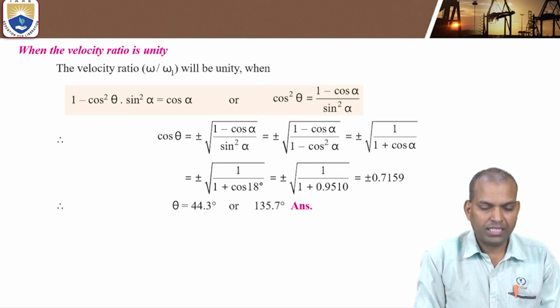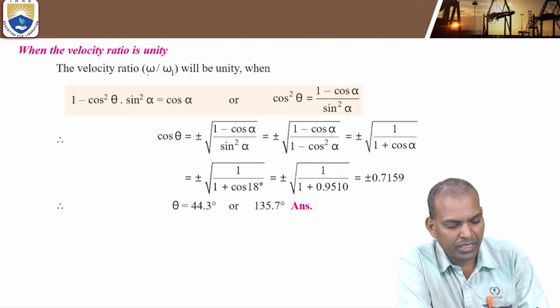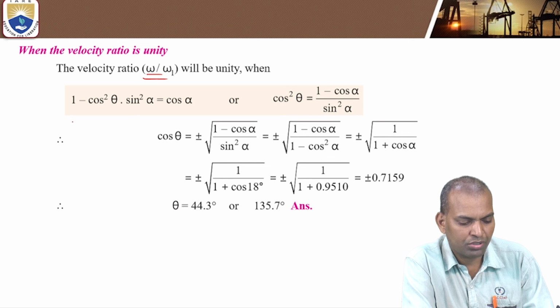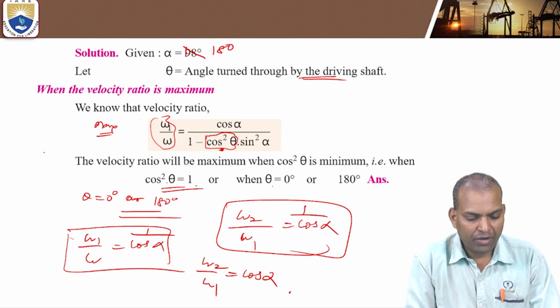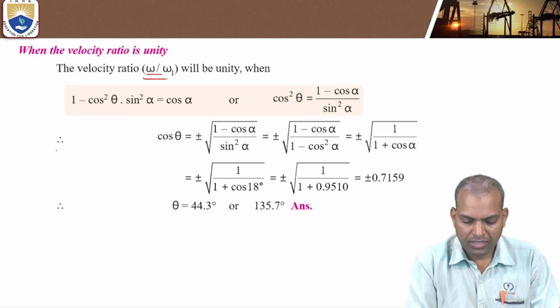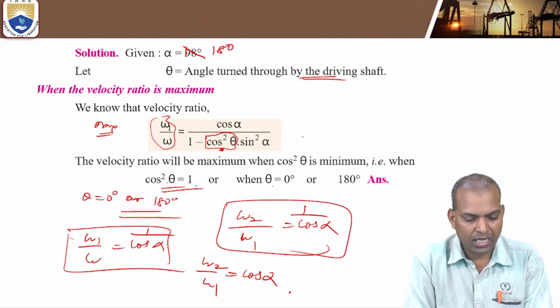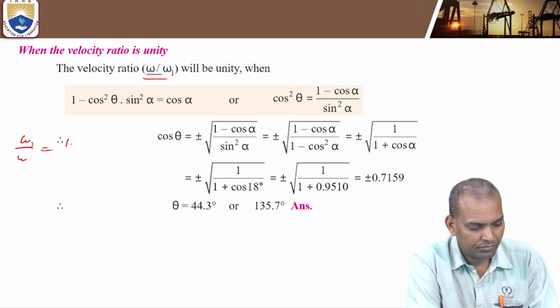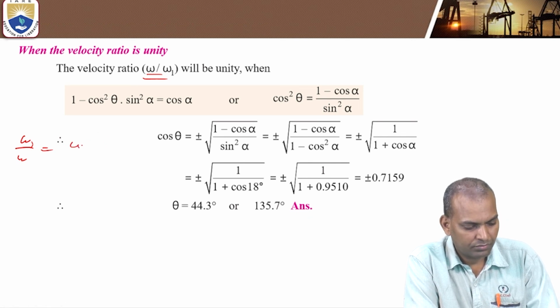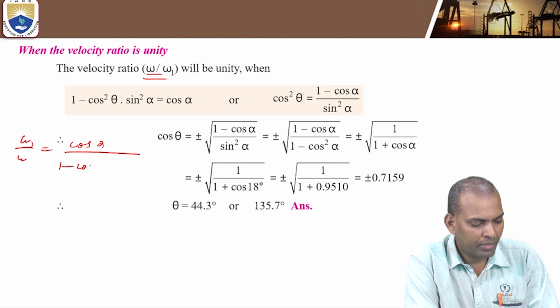Next, when the ratio is unity, that is omega 1 by omega equal to 1. We know the formula for omega 1 by omega, and it becomes unity, equal to 1. Then cos alpha equals 1 minus cos square theta sin square alpha.